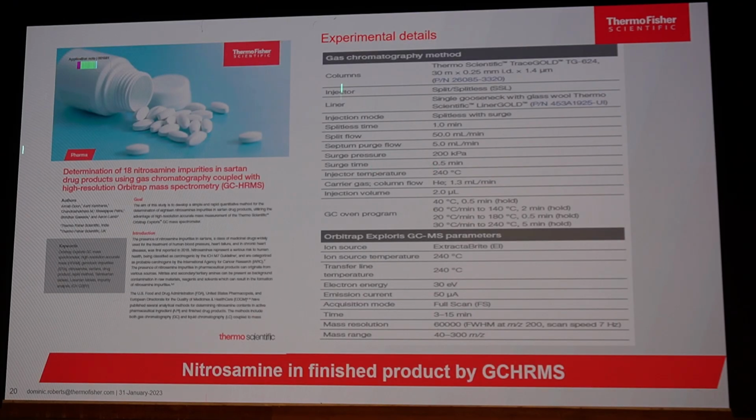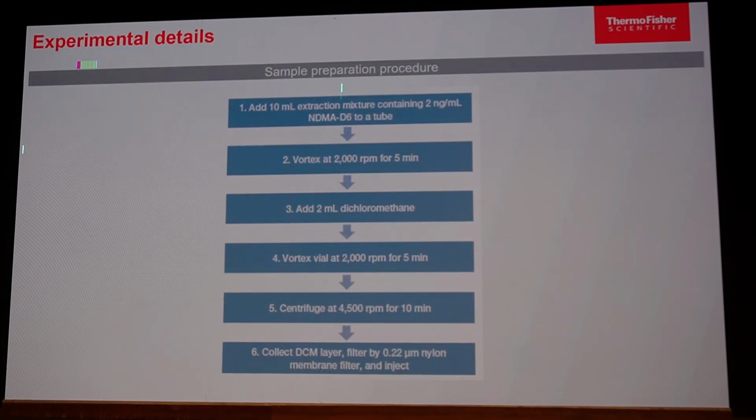Now this is one more set of nitrosamine impurities which we have done in a formulation, because right now we were just talking about metformin API, but what will happen when it comes to finished goods? A certain group of tablets was taken and we targeted around 18 nitrosamines, and we used a sample preparation similar to the one given in the EP monograph.